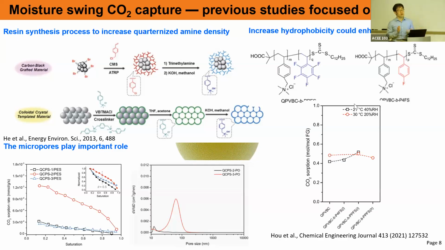Also, people tried adding hydrophobic or hydrophilic functionalities into the structure design, which can change the stability of this resin at different moisture levels and whether the CO2 amount improves or decreases.